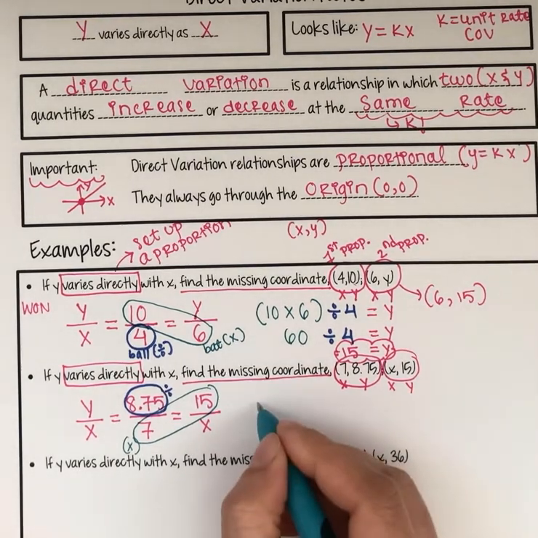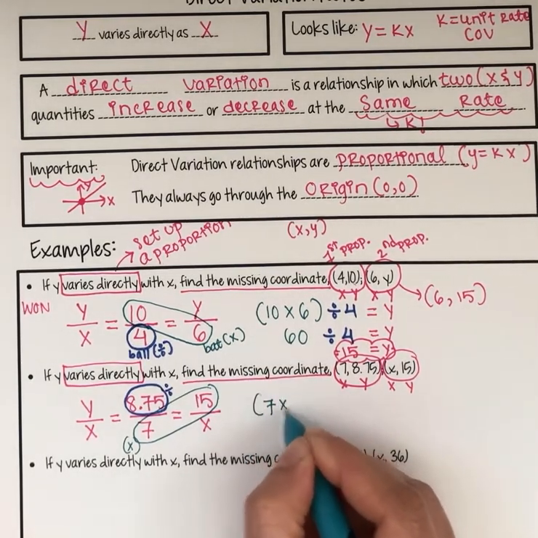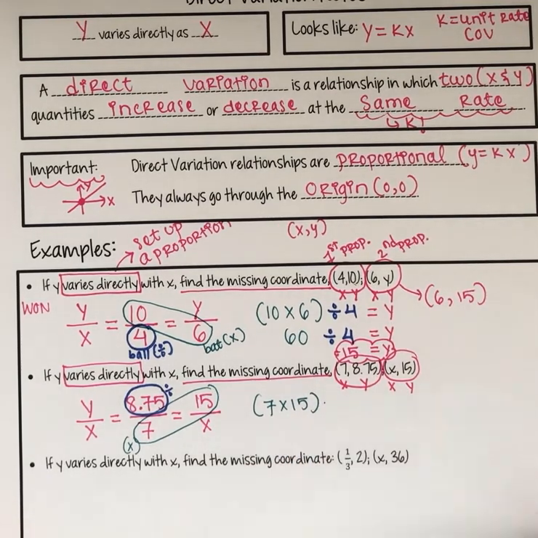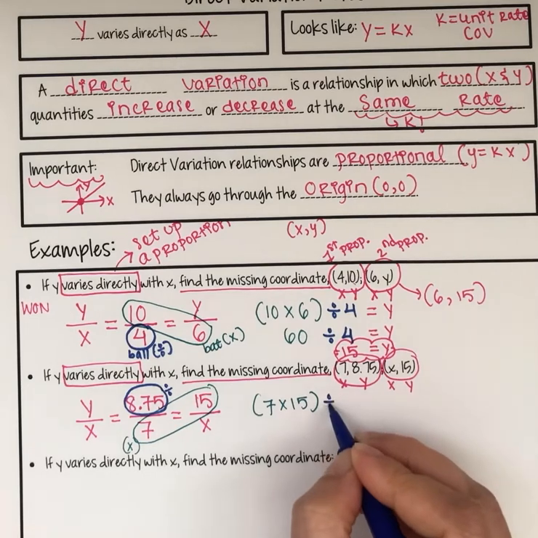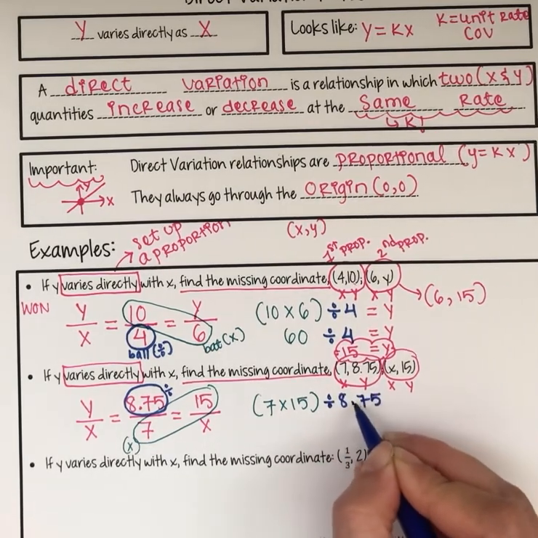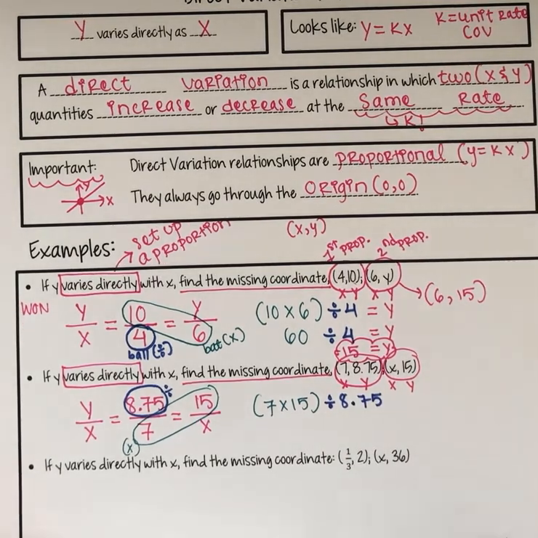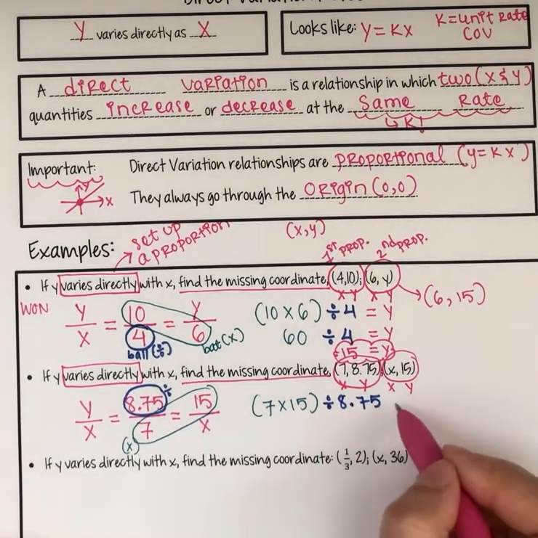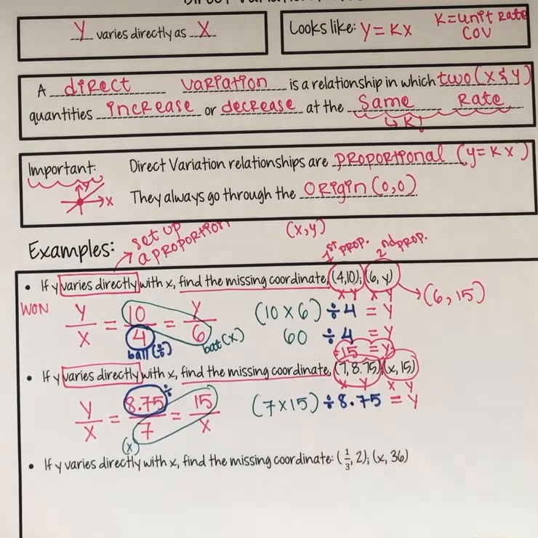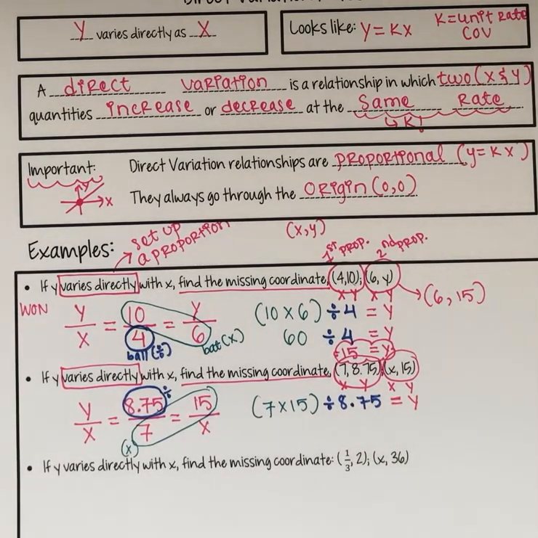All right, so let's go ahead and do that. 7 times 15. And then we're going to divide by 8.75. Okay, so even though this is a decimal, it's just the same process again, guys. You just multiply and then you divide. Okay, equals y. What is 7 times 15?